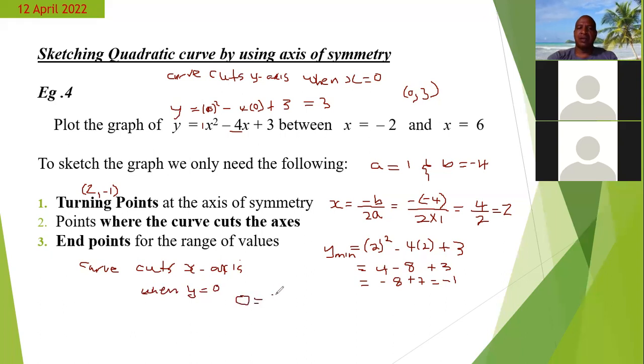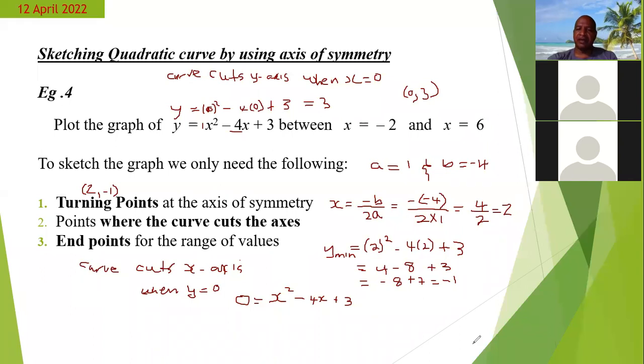is equal to x squared minus 4x plus 3. Now, what you have to do here is to factorize this quadratic, if you can factorize it.